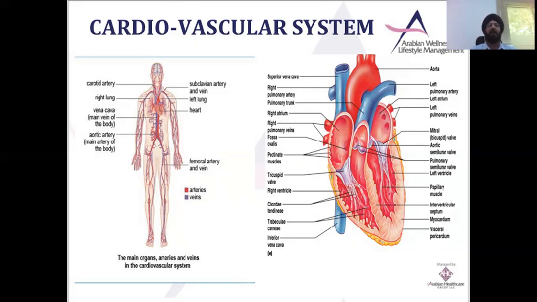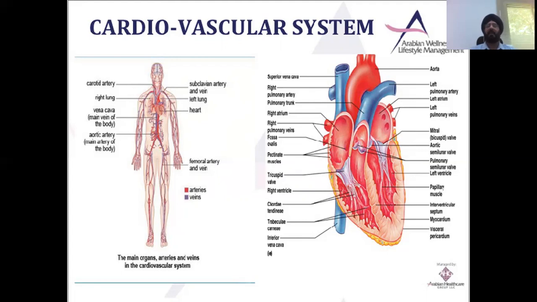The right atrium receives the deoxygenated, so-called impure blood from the body, and the right ventricle then pumps out that blood to the lungs.